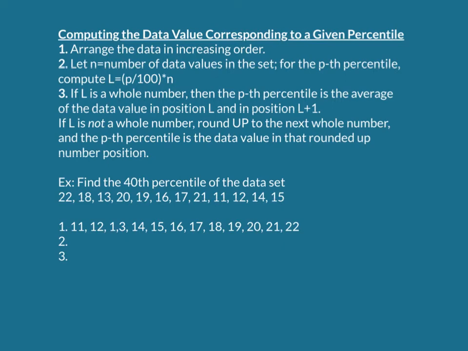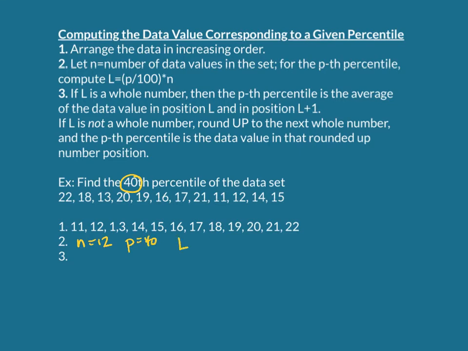You'll notice that the values range from 11 all the way up to 22. Next, let n equal the number of data values in the set. So we have 1, 2, 3, all the way up to 12. So n equals 12. And we're looking for the 40th percentile, so p is equal to 40.